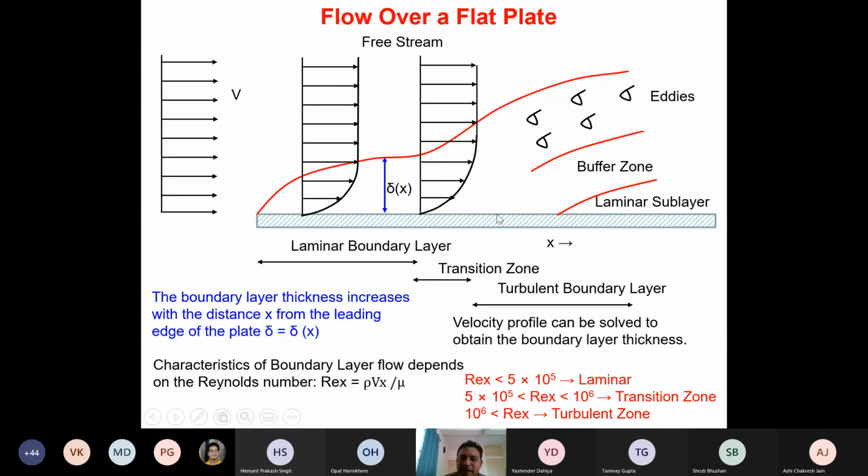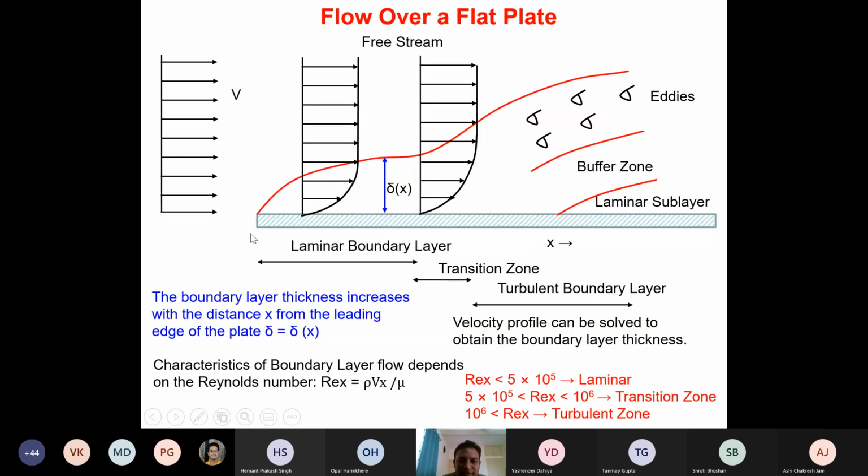So there is a flat plate and the flow is taking place here. The velocity here is uniform, a free stream velocity equal to V. When the fluid touches the surface, the velocity at the surface becomes 0. That is the no slip condition. And then the velocity is distributed something like this.